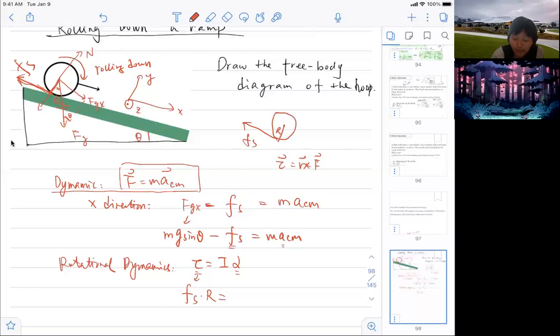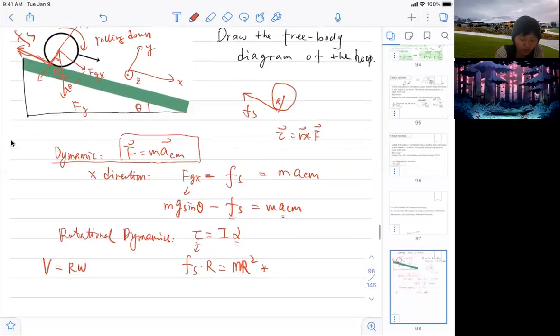I, we're using a hoop, so I'm just going to use mr squared because it's a hoop. Now, if you're dealing with different rolling objects, obviously you have different I. Alpha is the angular acceleration. Because we know that v is equal to r omega, we take the derivative with respect to time.